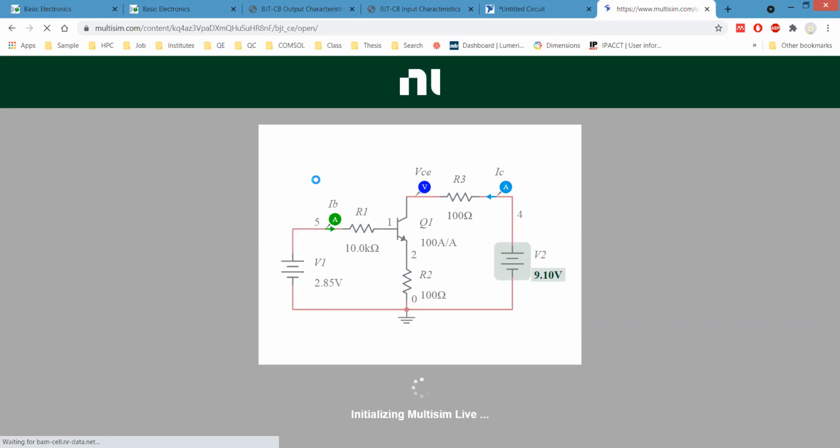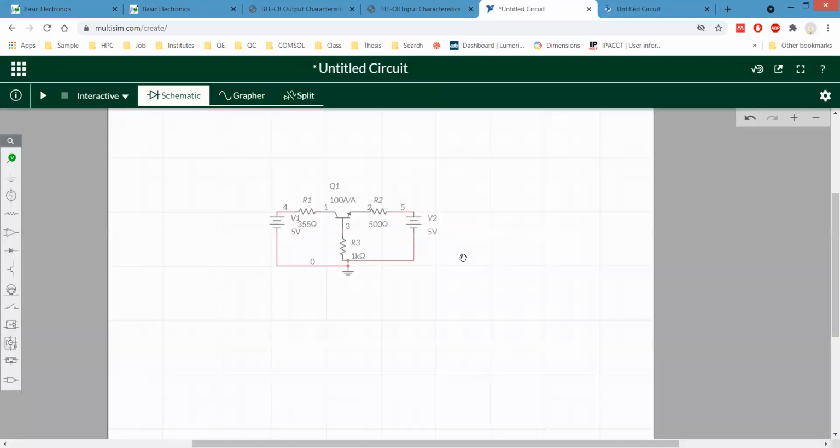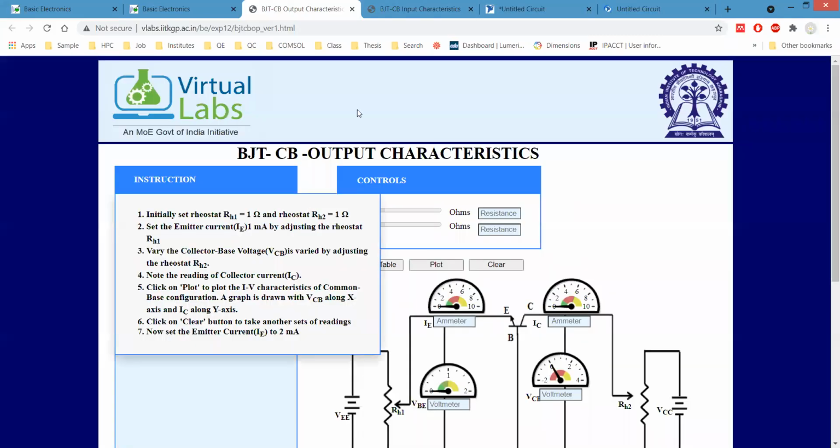Yeah, let me open it. So I think now it will be clear to you why we are saying this, and why we have this configuration for common emitter one.